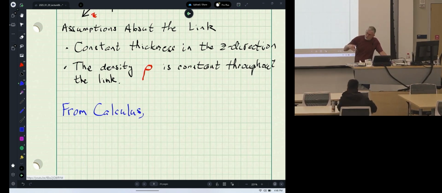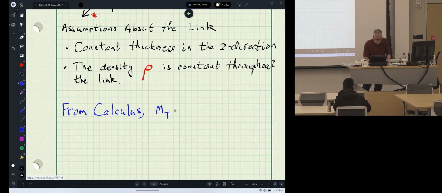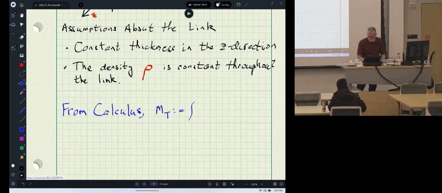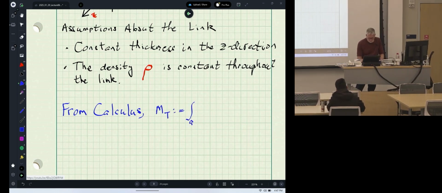We should get total mass by adding up differential mass, okay? So M total is the integral from A to B of dm of x.